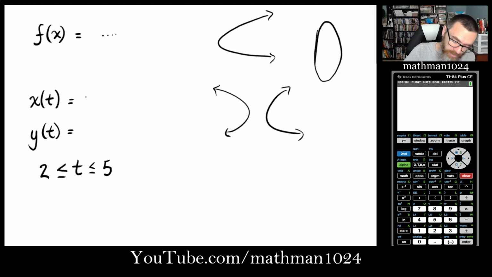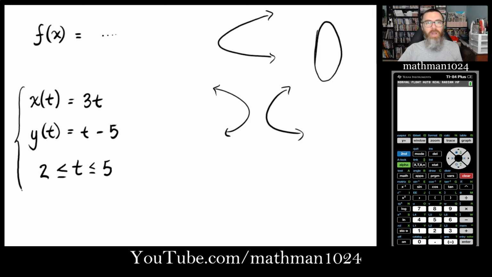And so you might have something that says x of t is going to be 3t and y of t is going to be, say, t minus 5. And all this together is going to form a parametric equation. So what you would do is that you would just plug in values of t and see what your corresponding x and y values are going to be.